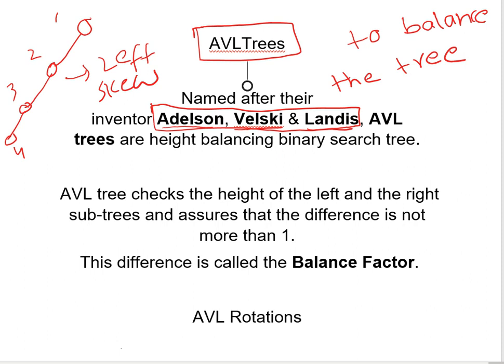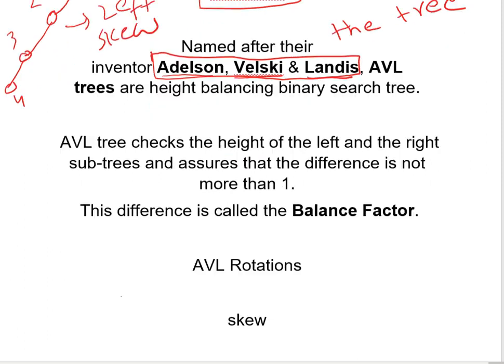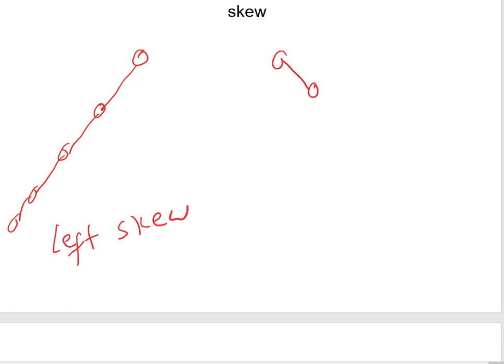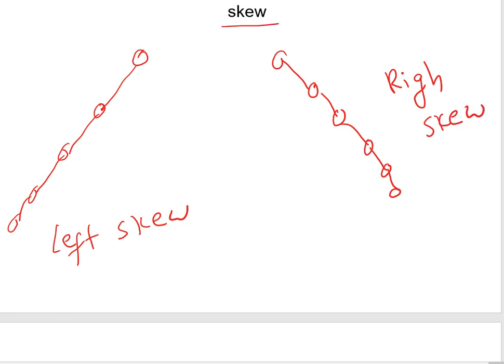That's why we need to balance this tree. So this is called left skew and this is called right skew. Skew means height will be more.